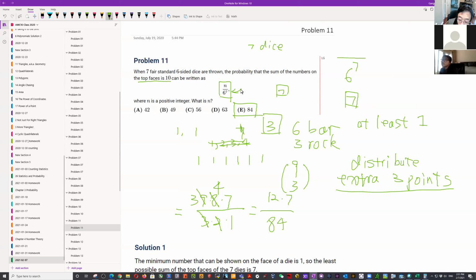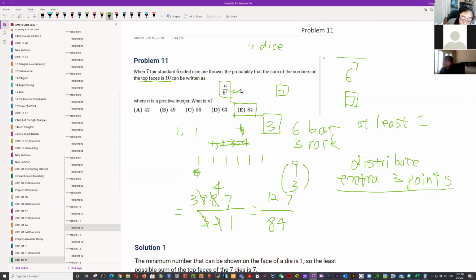Imagine that the first dice gets an extra dice. You actually can get 4. Then the rest is 1, 2, 3, 4, 5, 6. So basically, the first dice could get 4, and the second dice also could get 4.